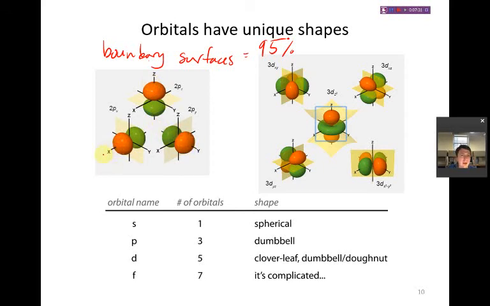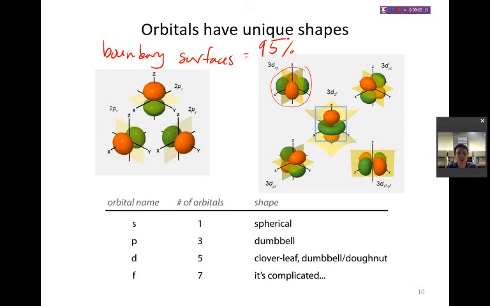One goes from end to end along the x-axis, one goes from end to end along the y-axis, and then one from end to end along the z-axis. For the d-type orbitals, you'll notice that there are 2 general shapes. This one here looks kind of like a 4-leaf clover, and then this one looks kind of like a p-type orbital with a donut around the middle.